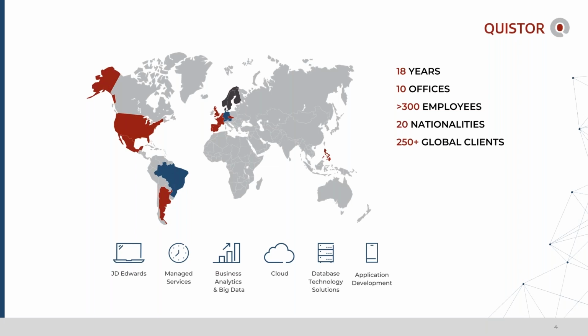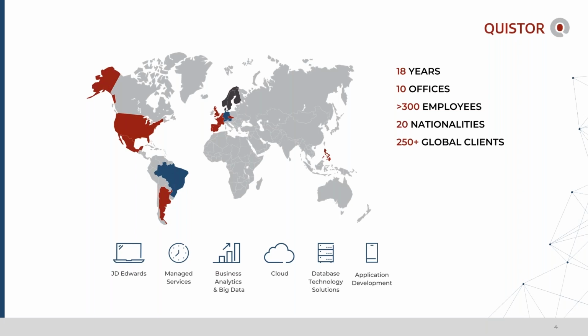We are growing very rapidly, so you will see in the next year that this map for sure will be more colored. Our background is in JD Edwards. That's what our company was based on 18 years ago. And from there we started to do managed services. So we monitor your systems.